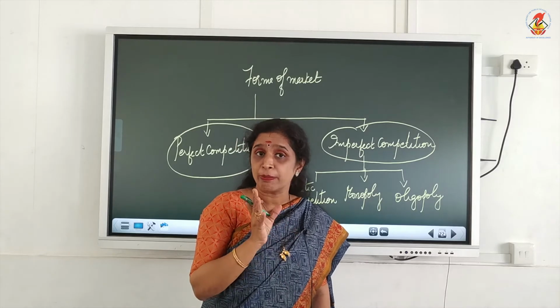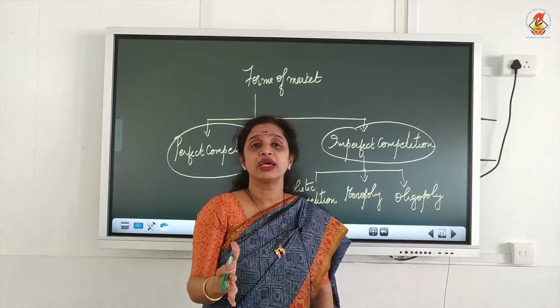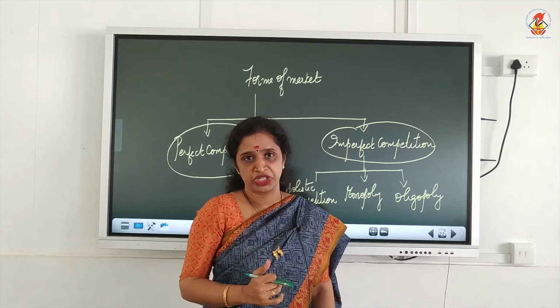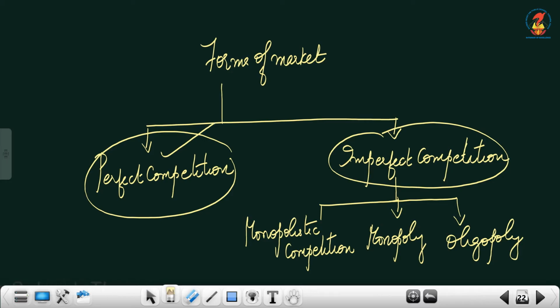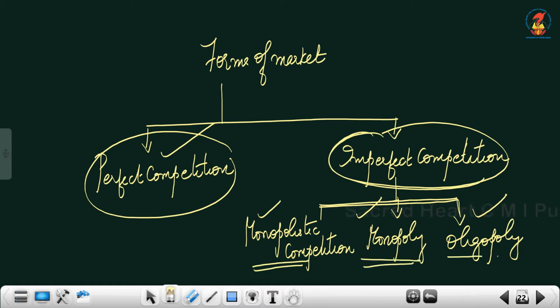The first one is perfect competition and the other one is imperfect competition. Now, in this year we will be concentrating only on perfect competition, and imperfect competition consists of other 3 forms of market. They are monopolistic competition, monopoly and oligopoly. So, these 3 are deleted from your portion. You need to learn only the perfect competition.